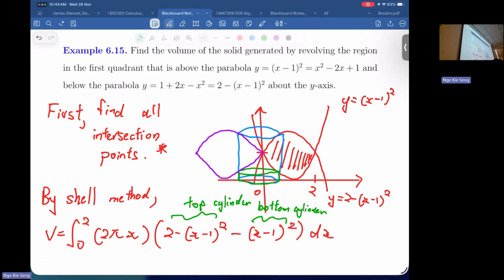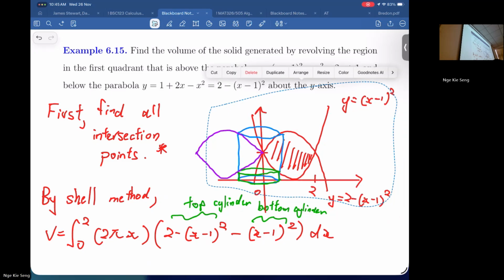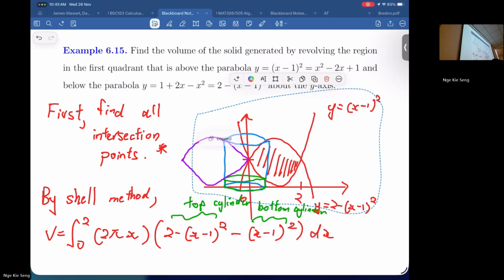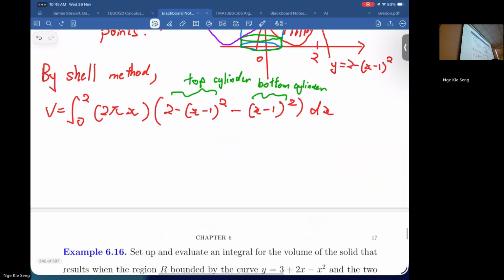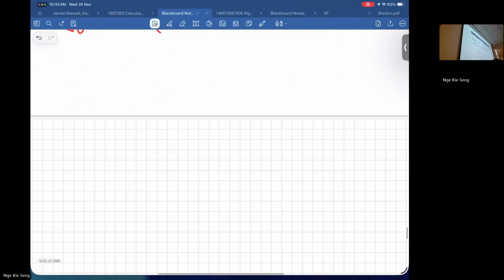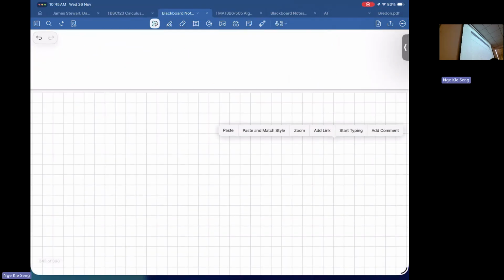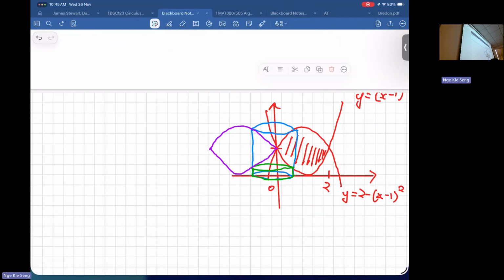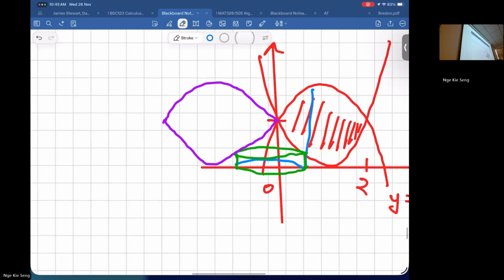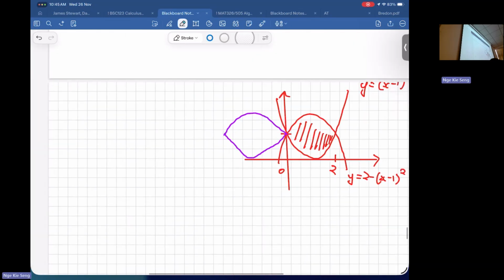So anyone try the washer method here? Or maybe let's copy the shape again. How about the washer method? Instead of cylinders, we will draw a bunch of these.